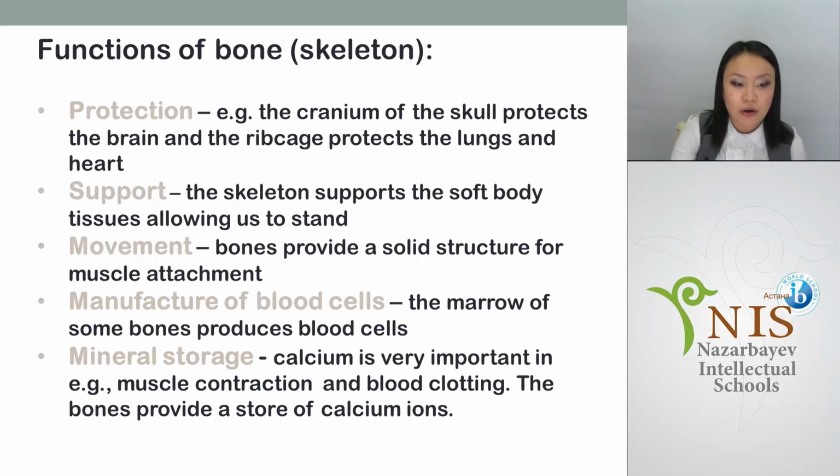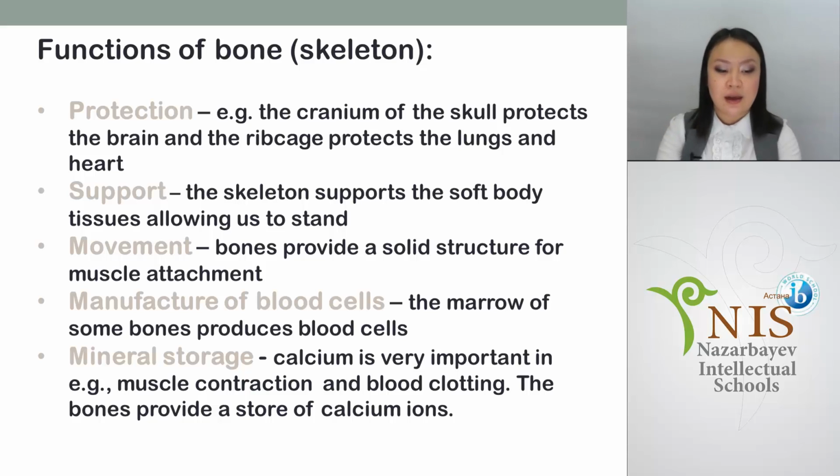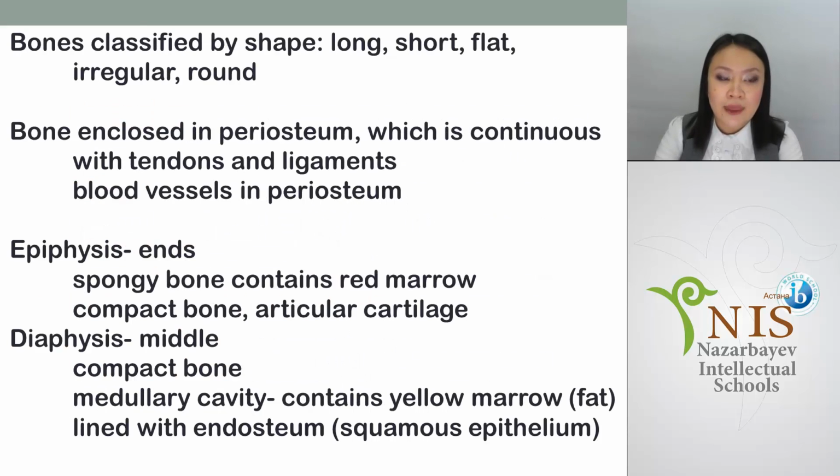The marrow of some bones produces blood cells. Mineral storage. Calcium is very important in, for example, muscle contraction and blood clotting. The bones provide a store of calcium ions. The basic functions of bone are protection, support, movement, manufacture of blood cells, and mineral storage.